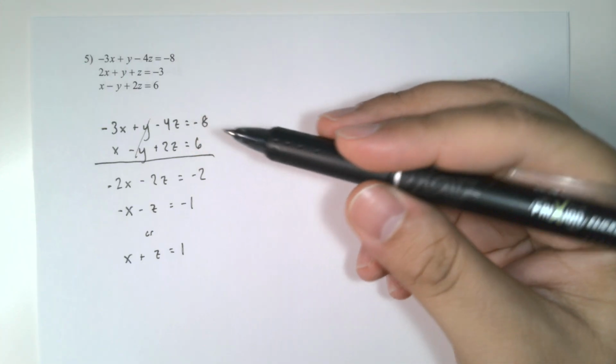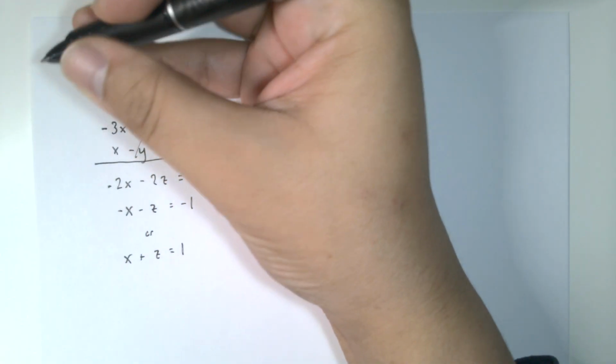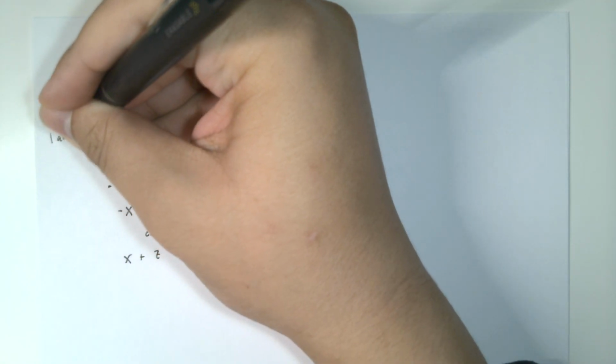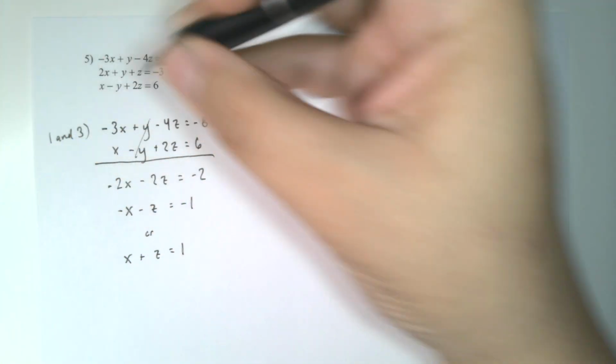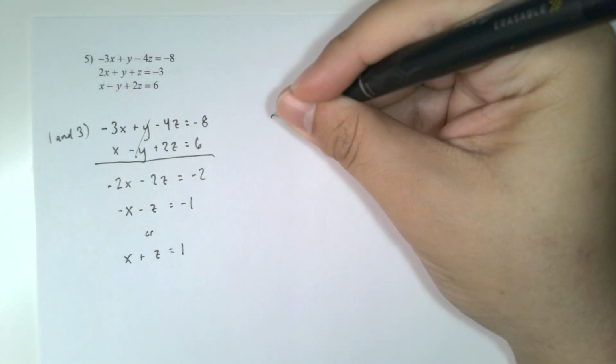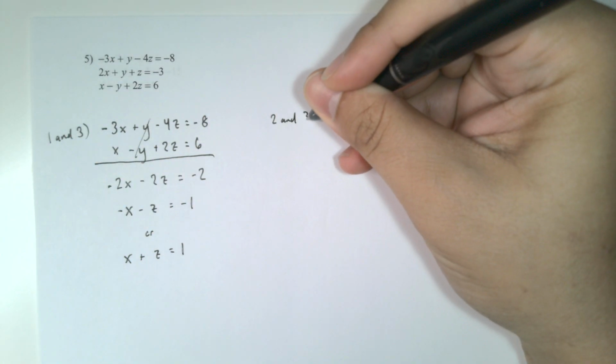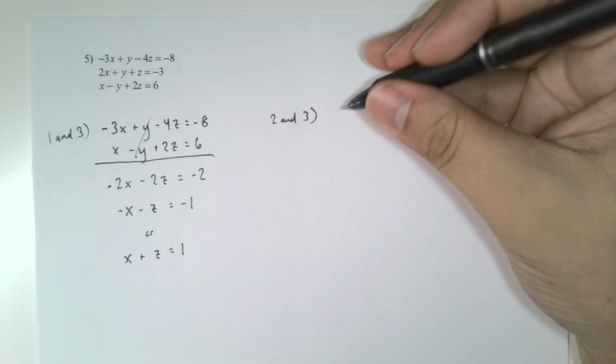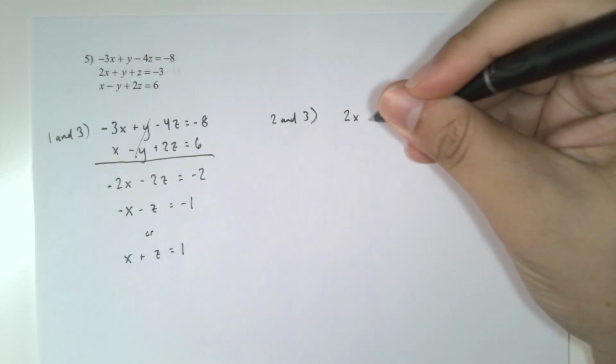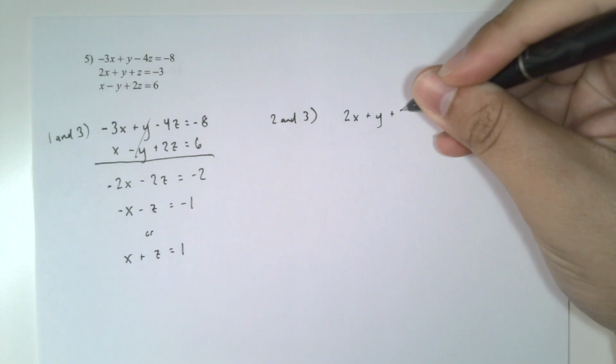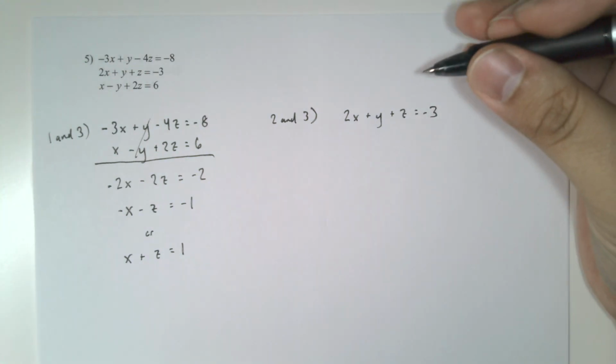Let's just see what the other equation comes out to. So again, that was using 1 and 3 for our two equations. Let's use 2 and 3 for the next pair of equations. If we do that, we have 2x plus y plus z is equal to negative 3.